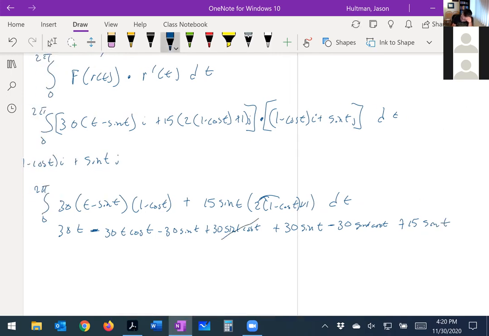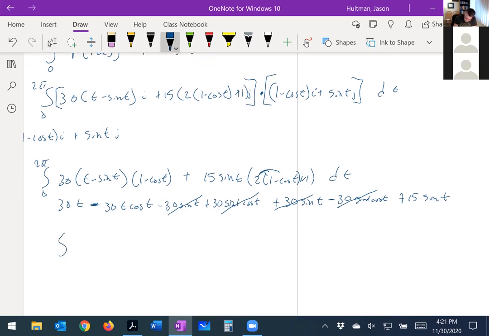This guy cancels with this guy, and this guy cancels with this guy. So I'm just left with, and there's the dt here, but whatever, 0 to 2 pi, 30t minus 30t cosine t plus 15 sine t. Nice.